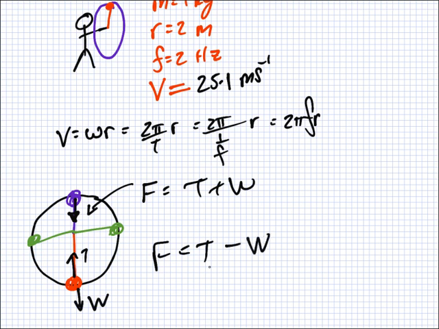Now, will those tensions be the same? In fact, they won't. Okay. What's the same here? Are the weights the same? Yes. The force is the same because it's the F that makes it move in a circle. But these T's are different. Now, if you picture this, which T will be bigger? The one at the top or the one at the bottom?